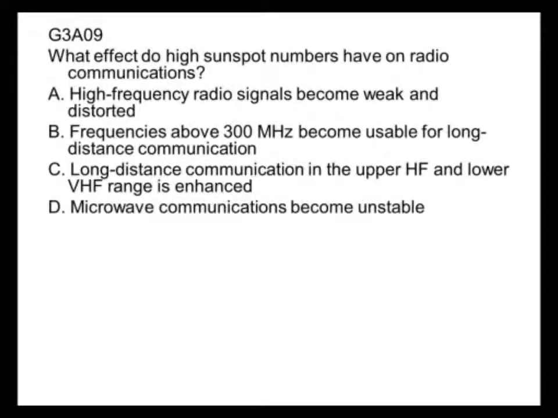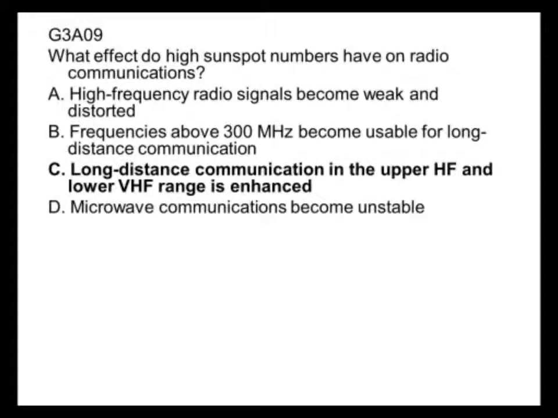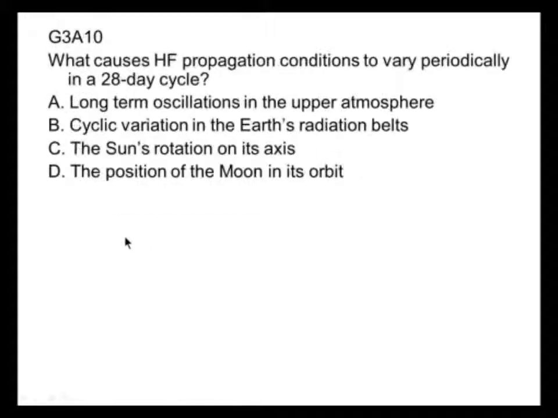What effect do high sunspot numbers have on radio communications? Long-distance communication in the upper HF and lower VHF region is enhanced when we have high sunspot numbers. What causes HF propagation conditions to vary periodically in a 28-day cycle?